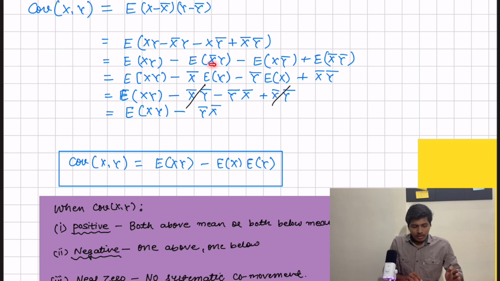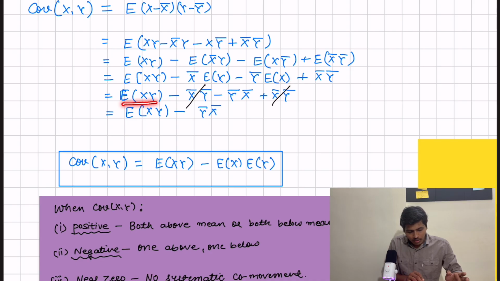Here, since x bar is constant, x bar will come outside and it will be equal to x bar times expected value of y, and y bar will come out times expected value of x, and since both x bar and y bar are constants, the expected value of a constant is equal to the constant. Now expected value of y is equal to y bar and expected value of x is x bar.